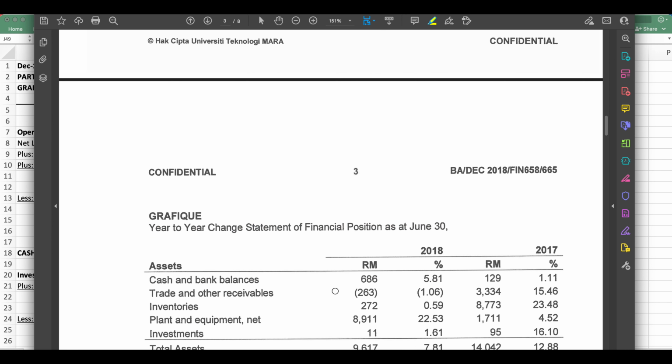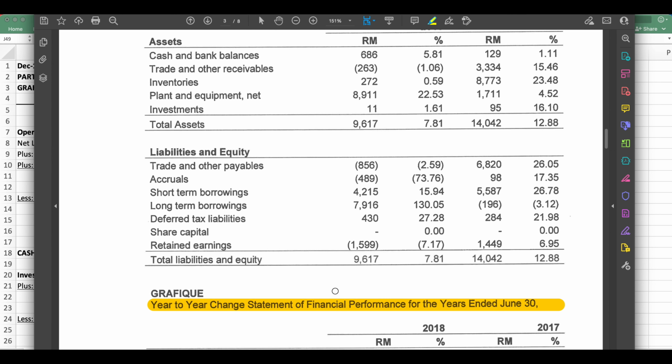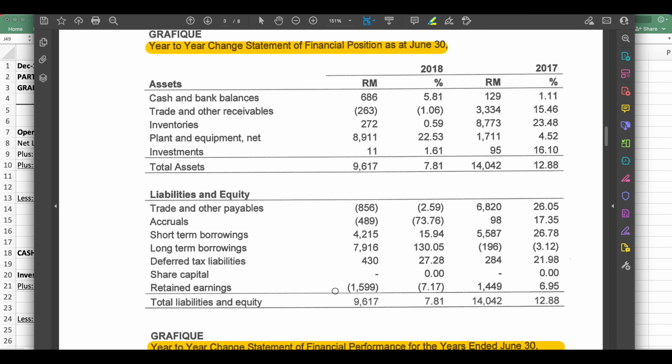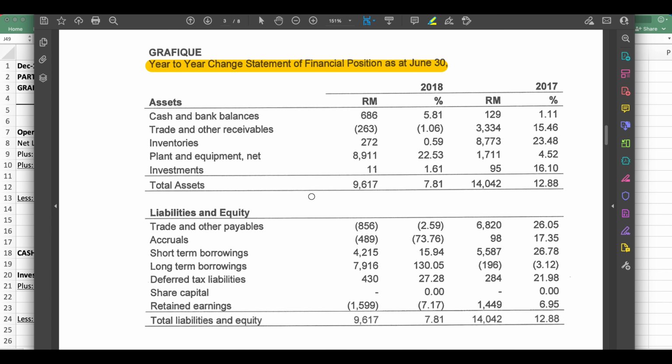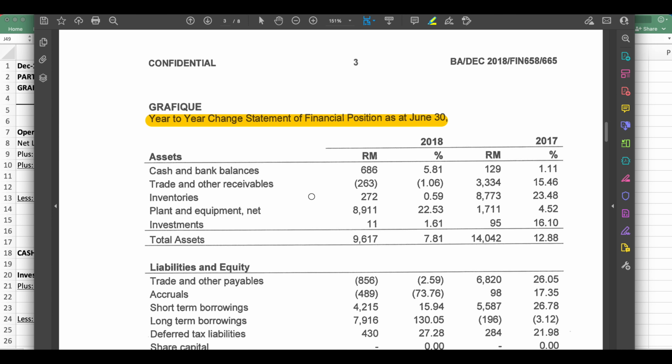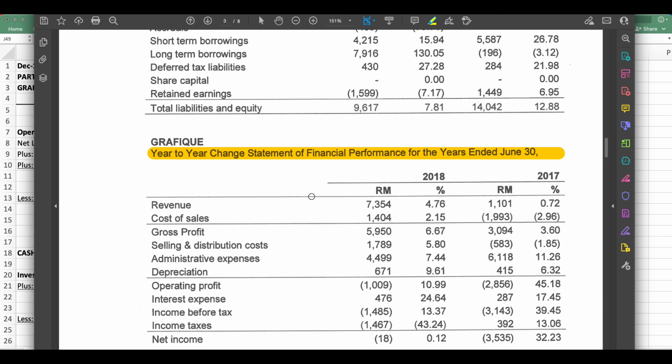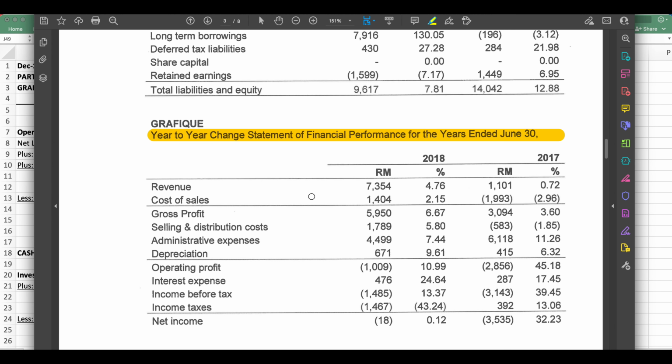The question also provides us with the year-to-year change statement of financial position for 2018 and 17, and also the year-to-year change statement of financial performance for the year 2017 and 2018.